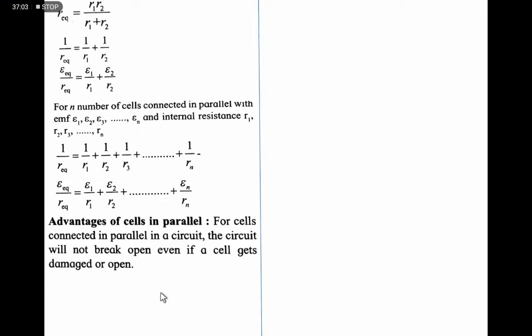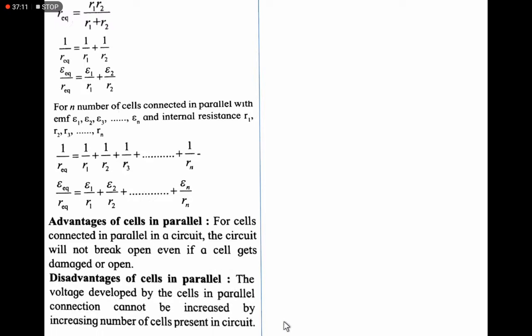If one of the sources is damaged, we have to replace it because electricity will not pass through the series combination. Then the disadvantage is that the voltage developed by cells in parallel connection cannot be increased by increasing the number of cells. If we connect the cells in parallel, the potential decreases.